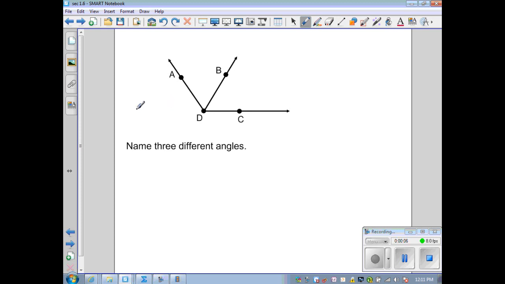Using this diagram, they want us to name three different angles. I am given a vertex angle of D. Therefore, I need to use that when naming the angles. The first one I'll identify is angle ADB. I also could put a number inside of that angle and call that angle 1.